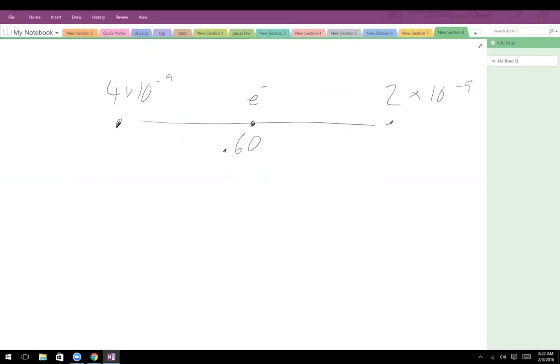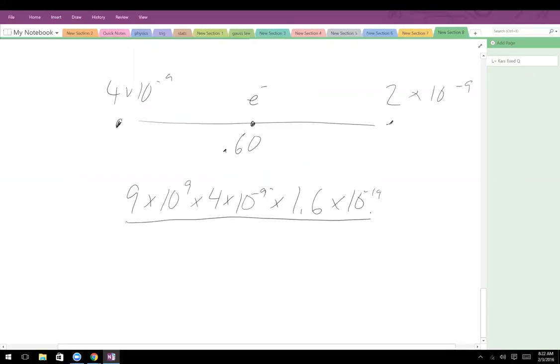So for the first one, again, for both of them you're just going to go K. So K is 9 times 10 to the 9, and then times 4 times 10 to the minus 9. Then times the charge of the electron, which is 1.6 times 10 to the minus 19th, over the distance, which for the first part, it's in the middle, so the distances are both 0.3.